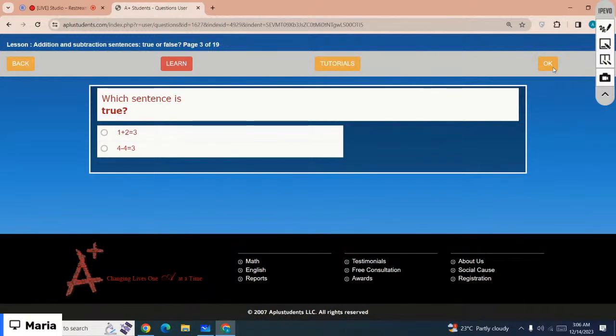The correct option is option number 1. 1 plus 2 equals 3 is the correct option, because when you add, both sides are exactly equal. The other one, 4 take away 4 equals 3, is false. So option 1 is the correct option.